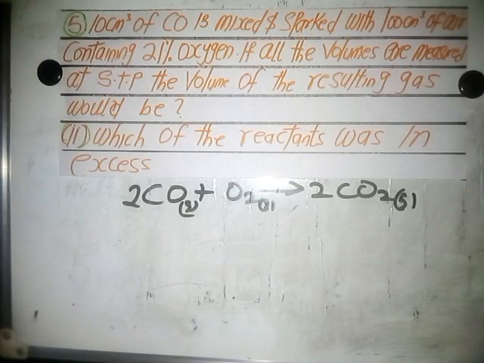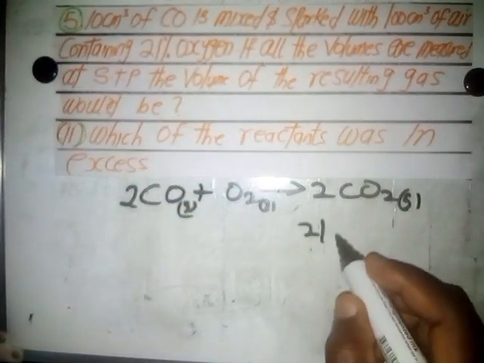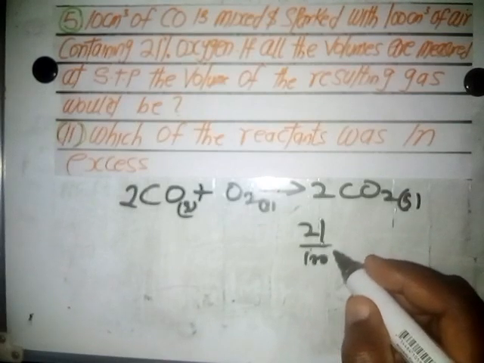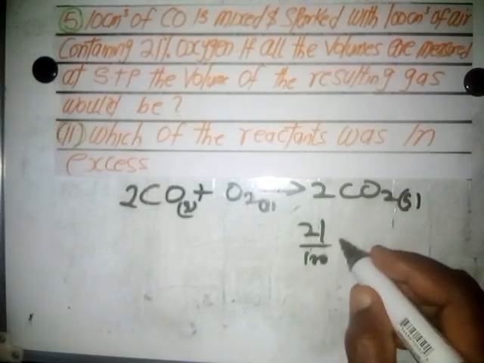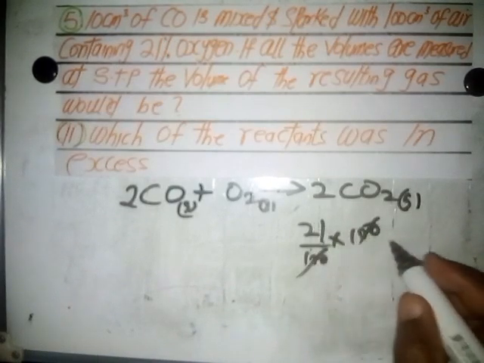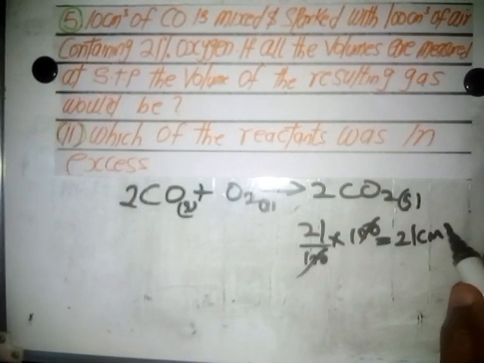So the first thing is to get the volume of oxygen that is in air. This is like saying 21 over 100 times 100. That's the percentage. And then you are left with 21 cm³ of oxygen.